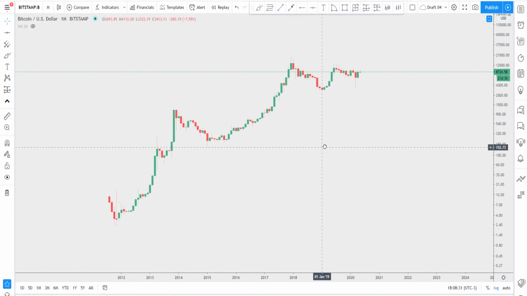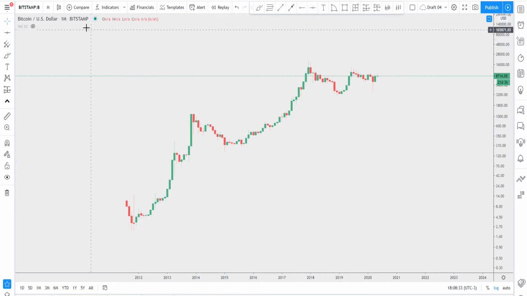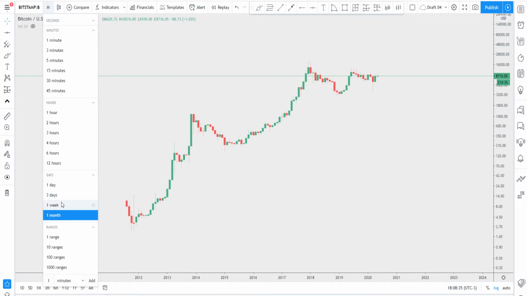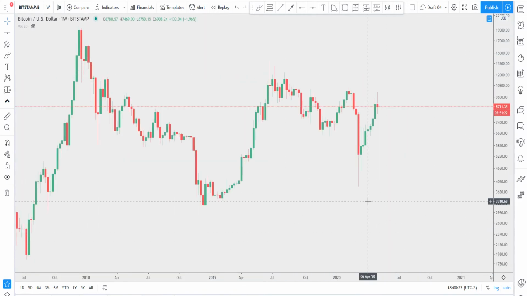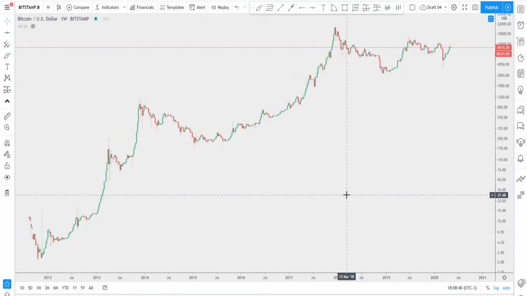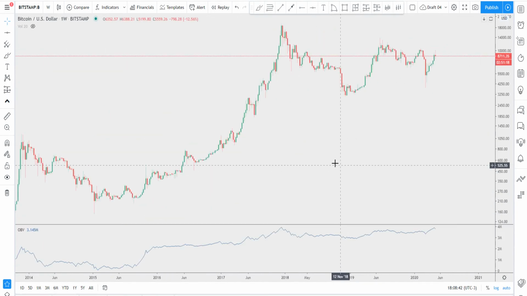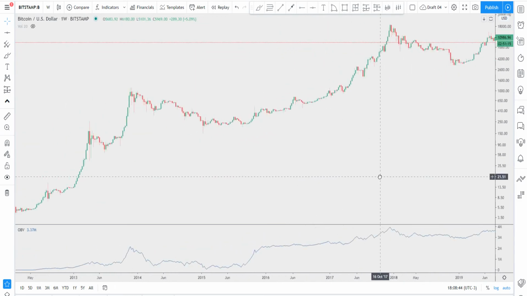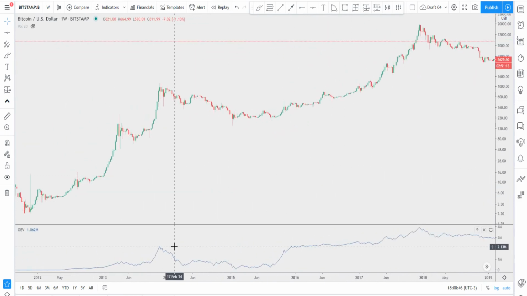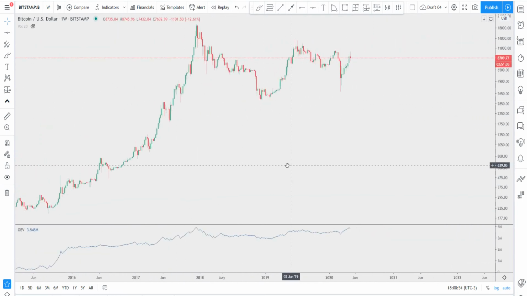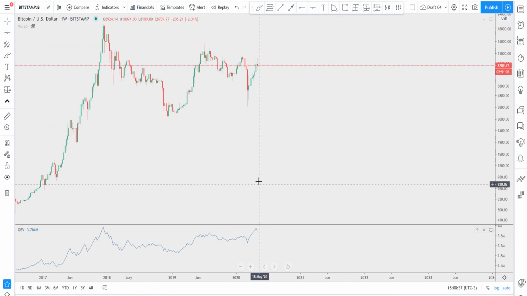And now let's jump into the weekly. We didn't have a divergence here. Let me see. Okay, we didn't have anything special from this period here, but here we had.